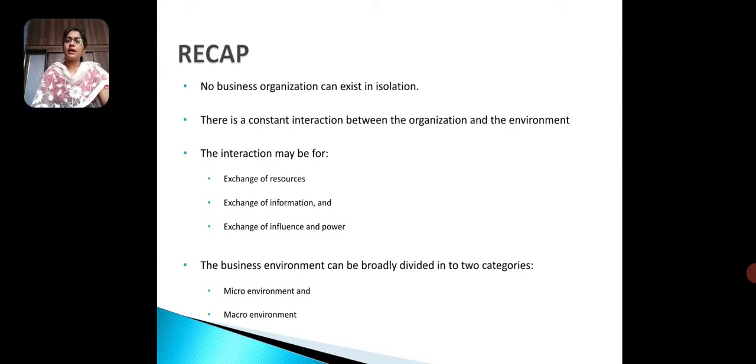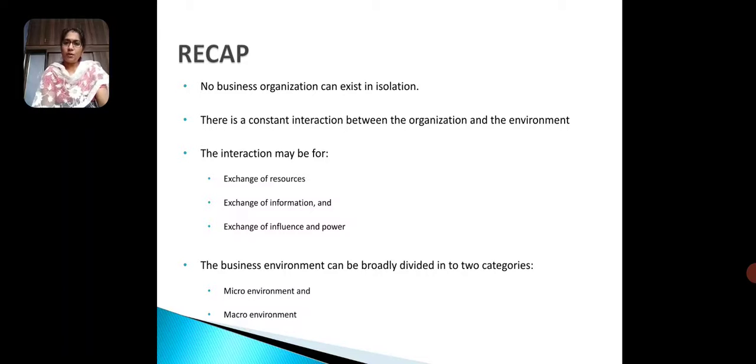When it comes to the macro environment, it is external in nature, outside the business, and general in nature, applicable for everybody in the economy, like government policies, legal environment, societal and cultural factors, technology prevailing in the economy, and the whole lot of demographic factors. All these are part of the macro environment of the business.